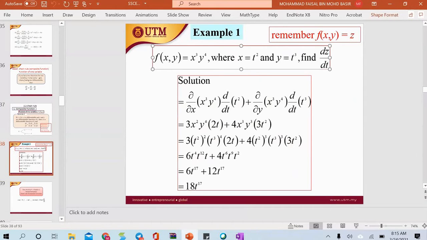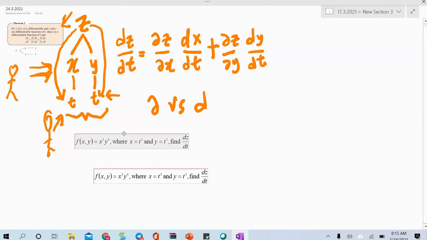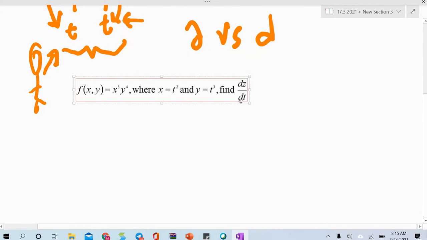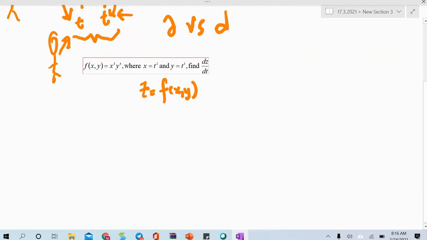Okay, try to do this example. Given that f(x) is x cubed y to the power 4, find dz/dt. So let's say I let z. It is easy for me to classify the function of x, y, z and t.